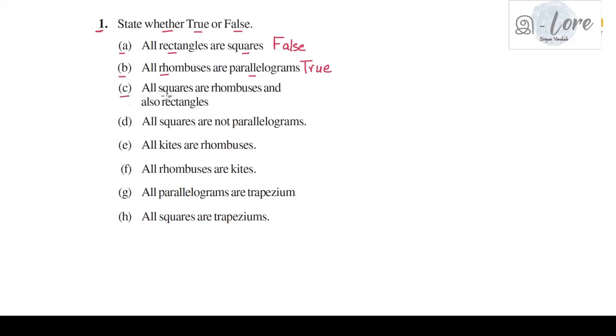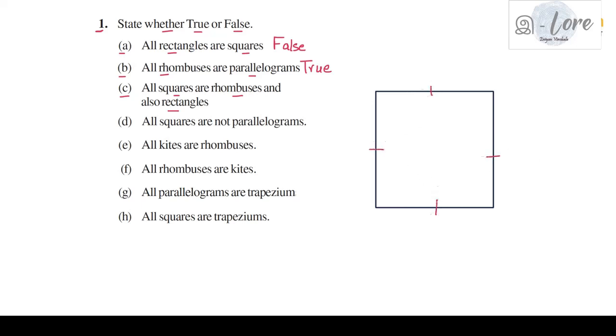Now let's go to the third statement. The third statement is all squares are rhombuses and also rectangles. So imagine a square like the one I have drawn here. Now by definition, a square is a parallelogram in which all sides are equal.